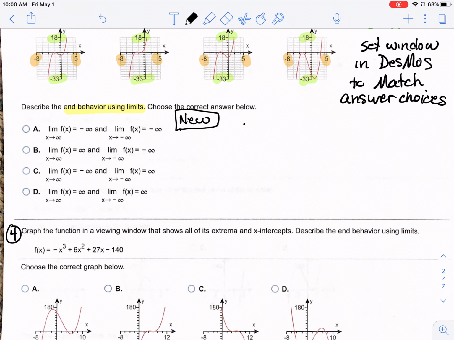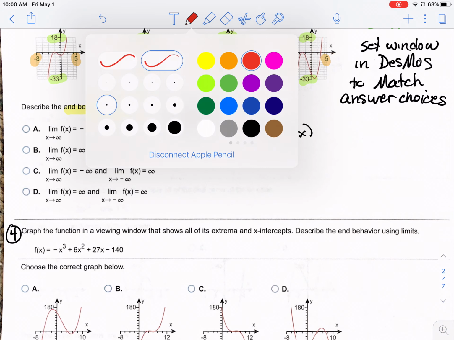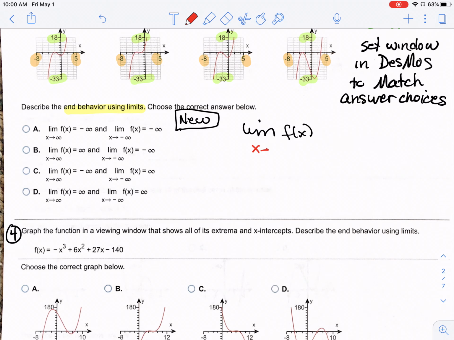When we write the limit, that's the way we say it, it's the limit of some function, and we're going to write f of x so we don't have to type the whole function. Now here's the thing, mathematicians don't like anything extra, so we try to make things make sense. If I write x with this arrow to infinity, that's x approaches infinity, is the way we say it.